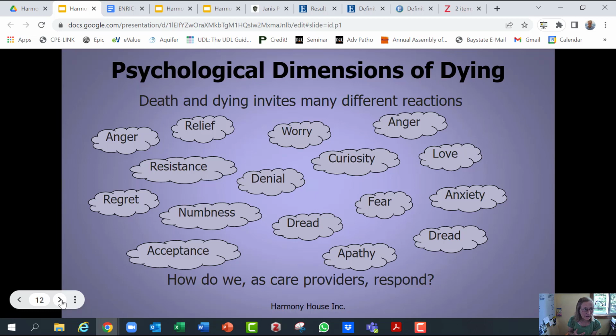Is there regret that just needs a listening ear to be a part of? Is there worry about things that we can actually reassure a resident about? So I just wanted to mention or introduce all of them, and then encourage you to think, as you see these things happening, what is it that we are going to do and how are we going to respond to them?